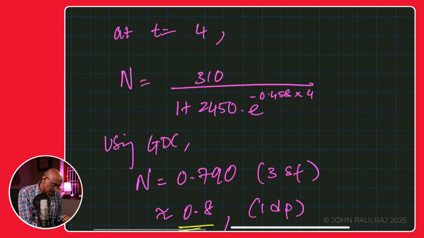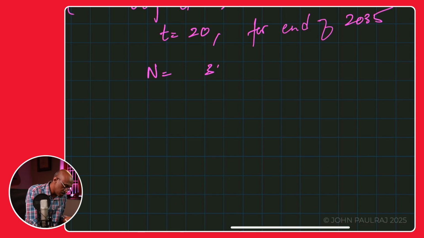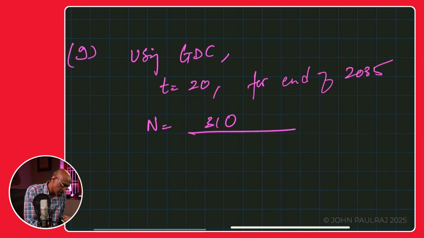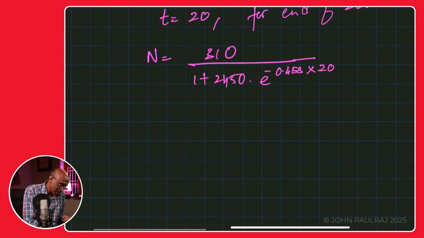This expression, you have to just copy down. Even though you're using the calculator, make sure you copy down, except that t, where we wrote 4 here, you have to write 20 this time. So 310 over 1 plus 2450 e to the power of minus 0.0458, and here times 20. Okay, this part we need to show.